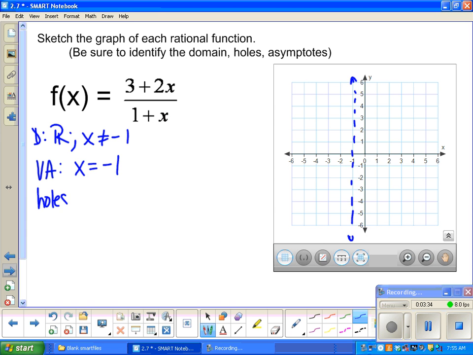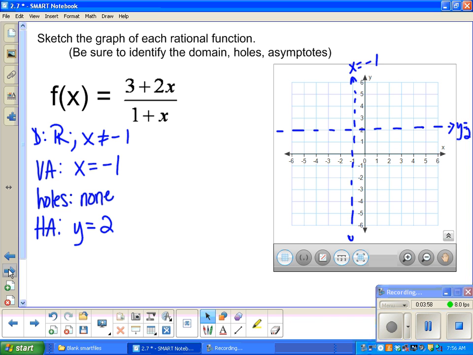Holes, there are no holes. And then our horizontal asymptote will be y equal 2 over 1, so our horizontal asymptote is at y equal 2. So this is y equal 2, and this is x equal -1.